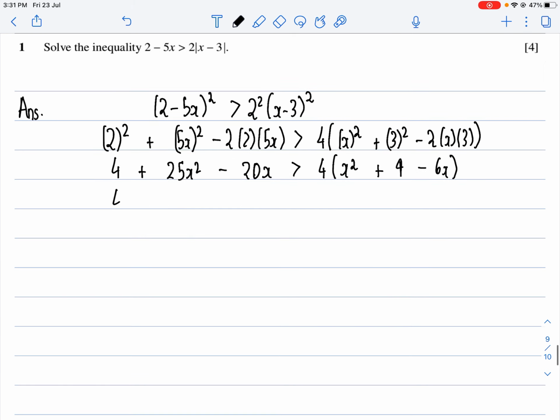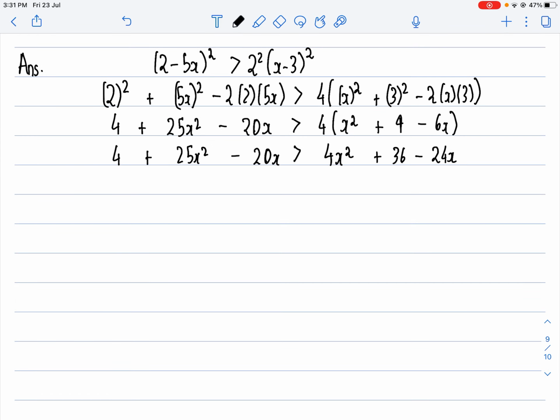So I get 4 plus 25x square minus 20x, which is more than, when I take my 4 inside the bracket, 4x square plus 4 into 9, which is 36, minus 4 into 6, which is 24x. Now I can get everything to one side. So I get 25x square minus 4x square minus 20x plus 24x plus 4 minus 36, which is more than 0. Correct?